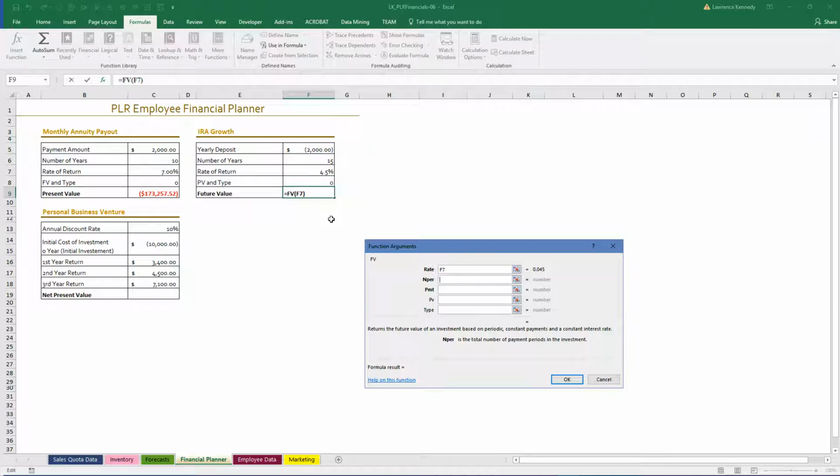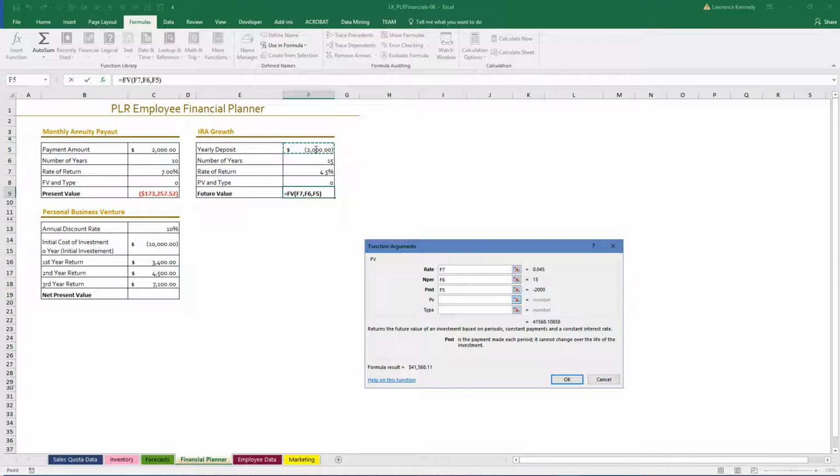In this case, this is F5, 15. And the payment amount. So what is my payment amount? In here, my payment amount is represented by F5.